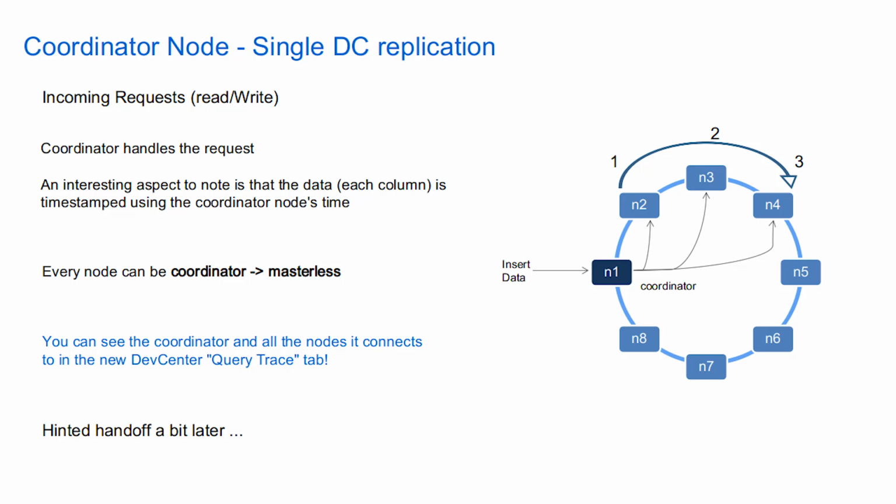If you do not enable network time protocol in Cassandra, it is not going to function. Period, full stop. There are no two ways about that. Now you might wonder, okay, looks like in this particular picture, N1 is getting the data and it's going to N2, N3 and N4. What happens if one of the nodes is down? We're going to talk about hinted handoff a bit later, not right now.